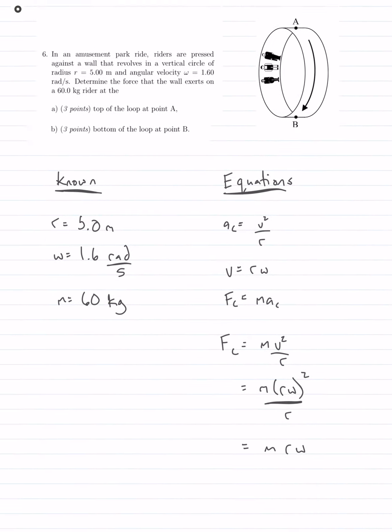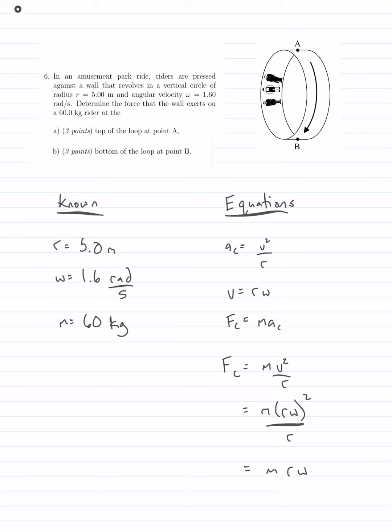Now you notice that in this image we have 2 points, point A and point B. And in both points we have two forces acting. We have the centripetal force, which is the force of the motion of the ride spinning, so this force pushes the person into place.